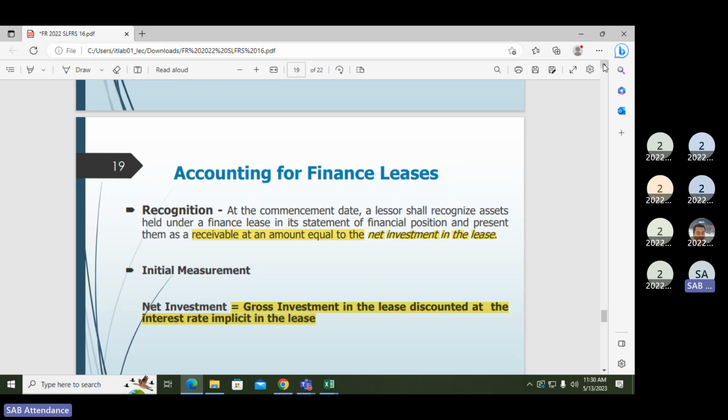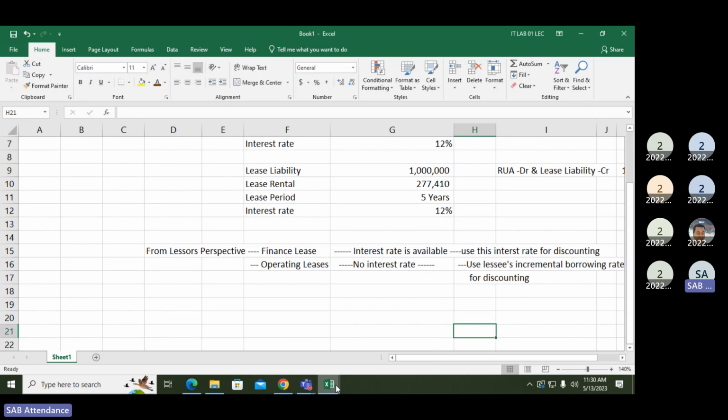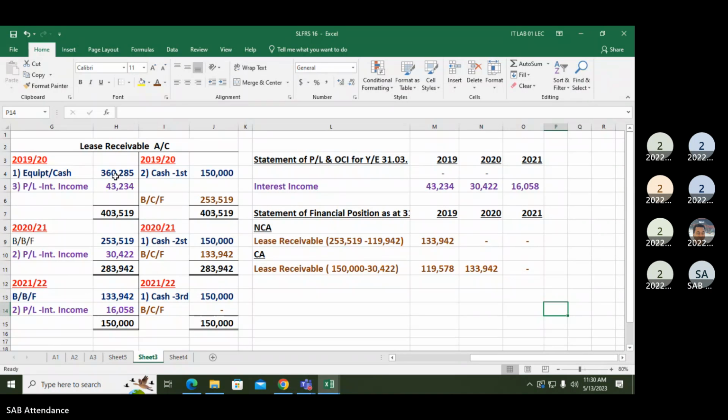For example, you are selling machinery, say 5 million machinery, plant, on cash basis or lease basis, right? You are the manufacturer. In that case, this is your sales. Here you debit lease receivable, the full amount that you are going to recognize, this is your sales.